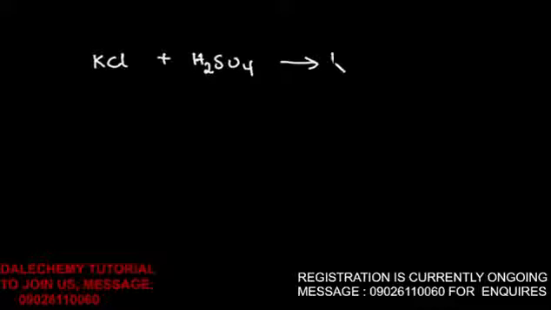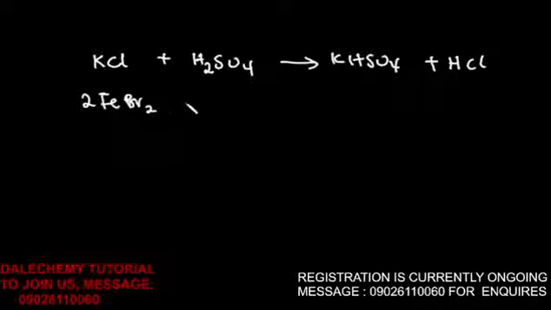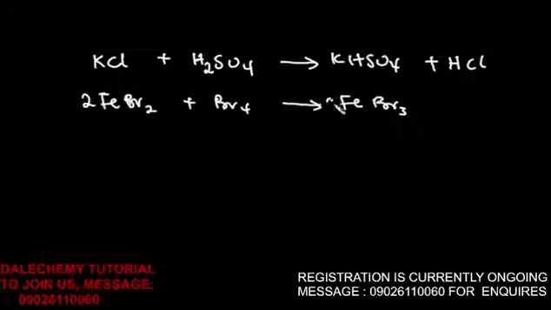Now let's move on. I have another question here with me. Which of the following is a redox reaction? So A, we have KCl plus H2SO4, then to give KHSO4 plus HCl. Then the second one is 2FeBr2 plus Br2 to give 2FeBr3.